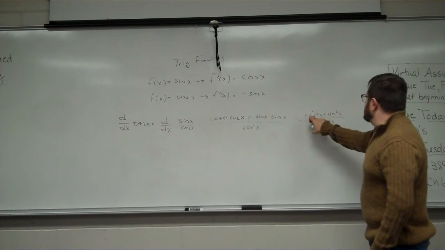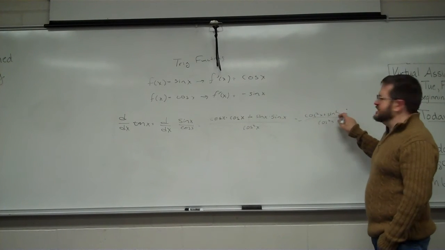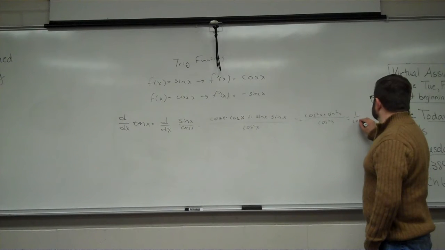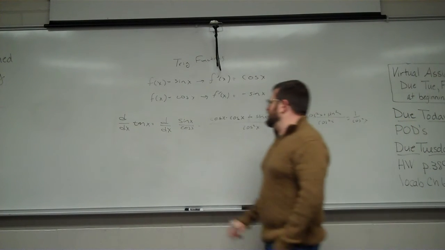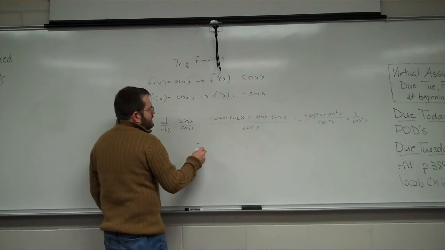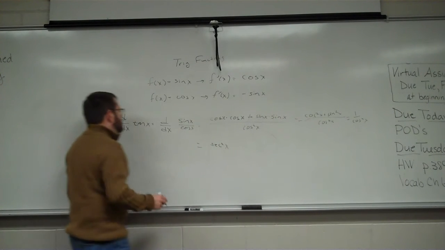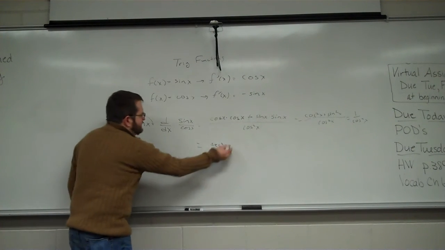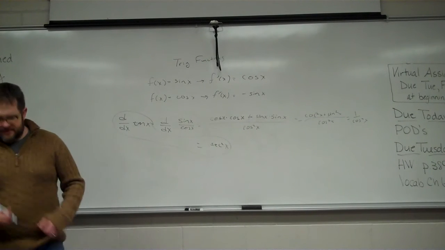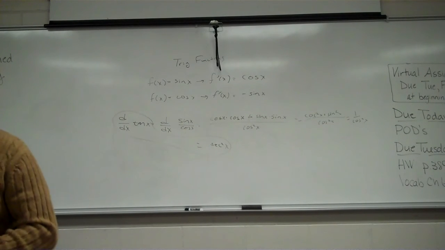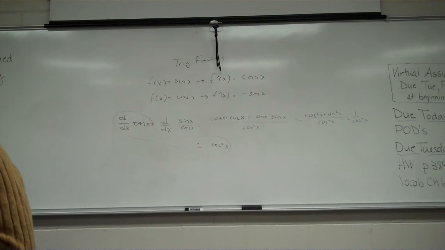Hey, anybody happen to remember what cosine squared plus sine squared is? That's 1. So this is 1 over the cosine squared. 1 over cosine happens to be secant, so this is secant squared. So the derivative of tangent is secant squared. Now we're the lonely, sad people who've had to derive this.